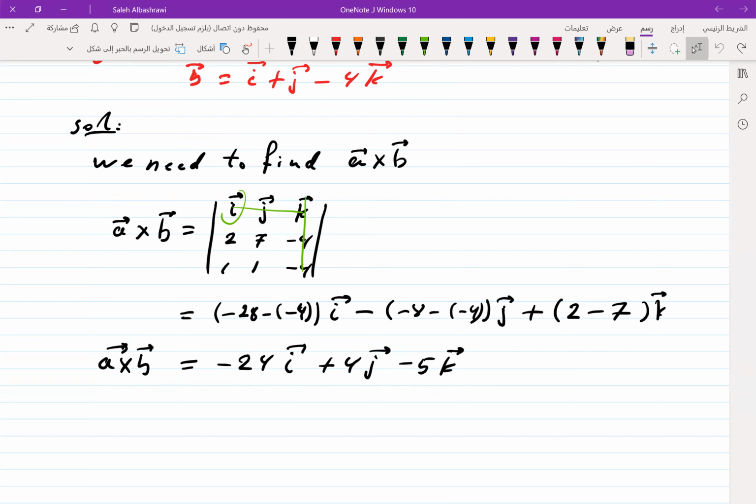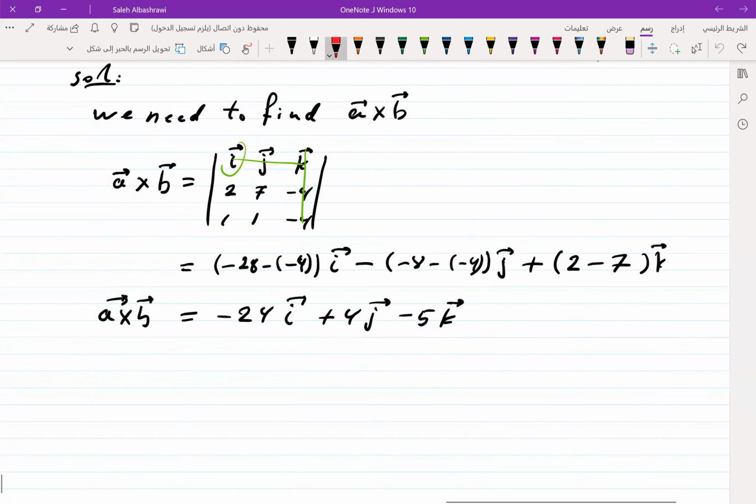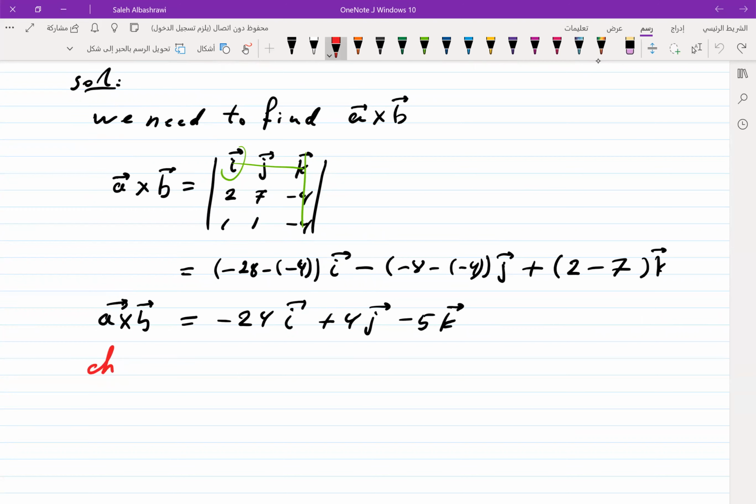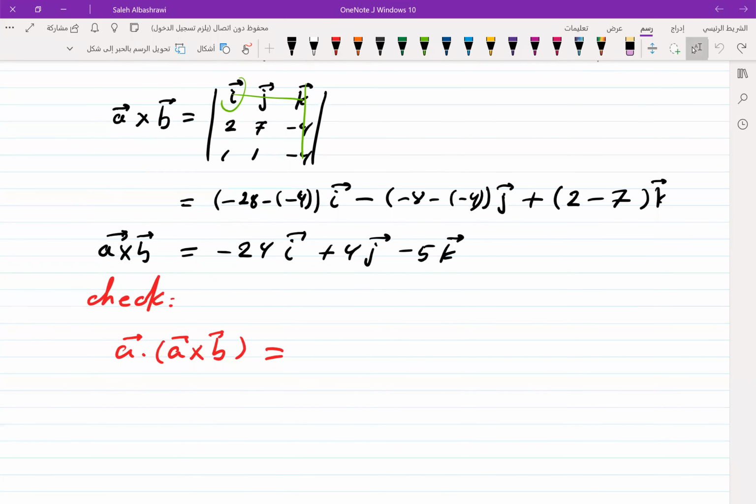Let's check. Let's apply the dot product to check. So I need to find A dot (A cross B) and B dot (A cross B). The vector A is given by 2, 7, minus 4, dot A cross B, which is minus 24, 4, and minus 5.